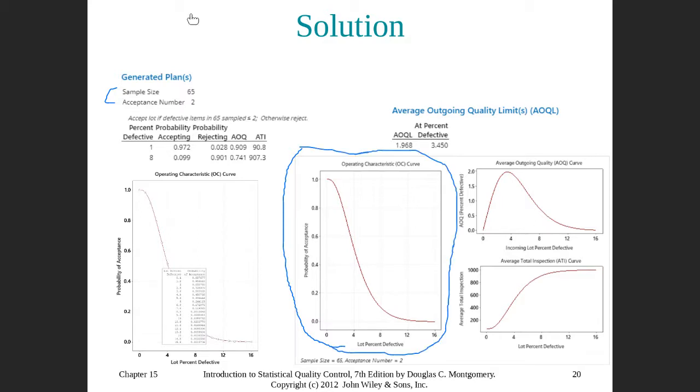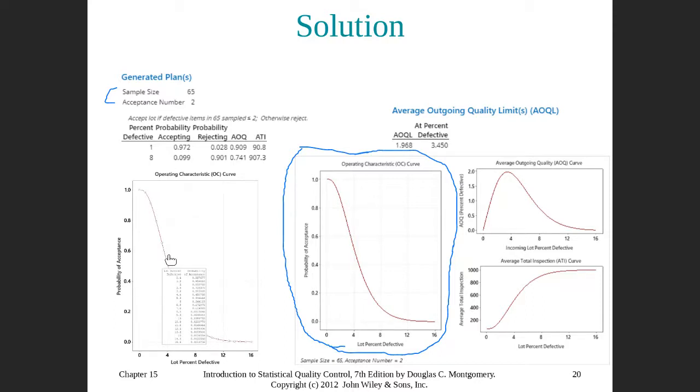This figure shows you the probability of acceptance versus the percent of defective in the lot. When we zoom in, it will come to this figure here.